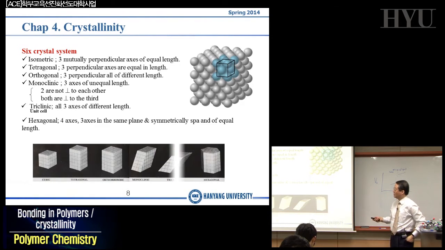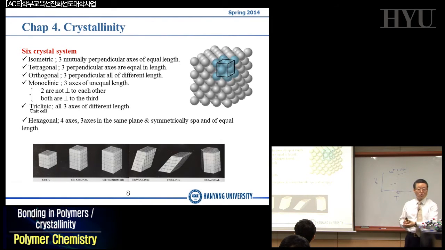Those structures are like this, and sometimes we call this a cubic structure. In this chapter, I do not want to elaborate further about the crystalline structure of the materials, because it's out of the scope of this course.